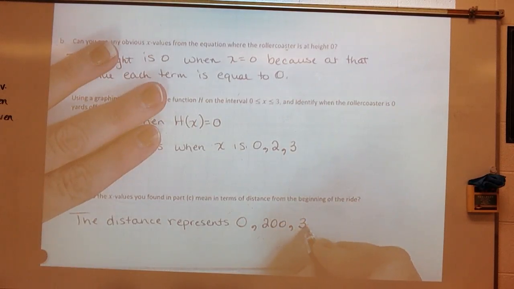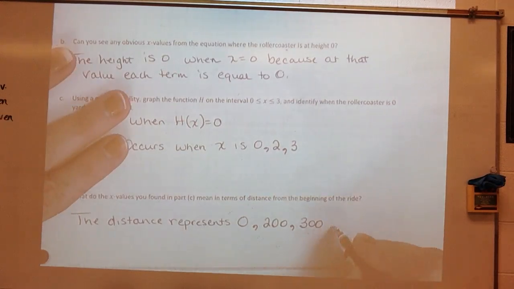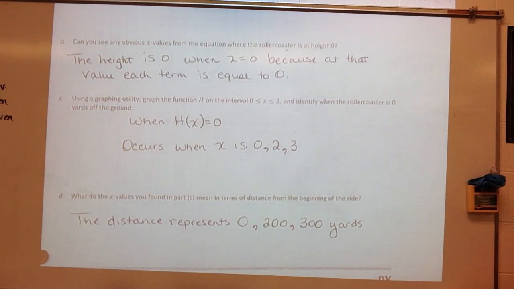And 100 times 3 is 300 yards. So in other words, I'm at my lowest point at the beginning of the ride, 200 yards from the beginning, and 300 yards from the beginning. Alright? And you can kind of see that on your graph.